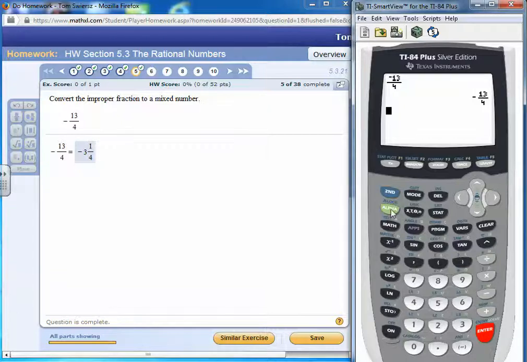Then we go back to Alpha F1, the fraction, and then we're going to switch. We want to get it to a mixed number. So we're going to go to function number 3, highlight it, go down to the down arrow, highlight it, hit enter, and then hit enter a second time, and there's your mixed number, negative 3 1/4.